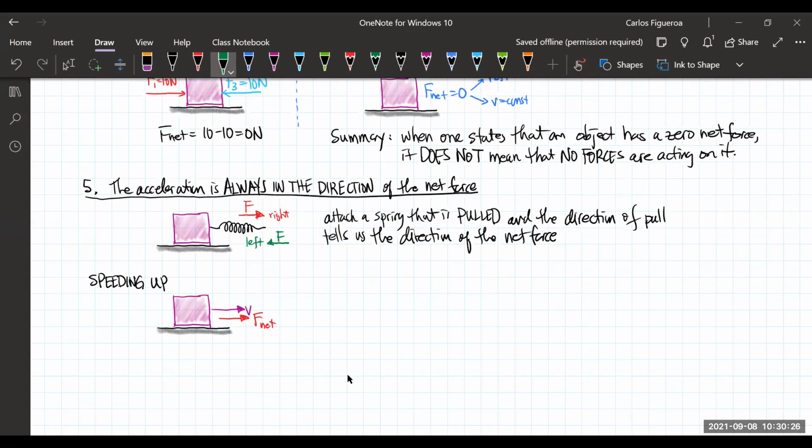If my net force is to the right, we know we're going to make the car go faster. In other words, the direction of the net force tells me about the direction of the acceleration. So that net force, F net, because of the direction of it, causes the block to speed up.